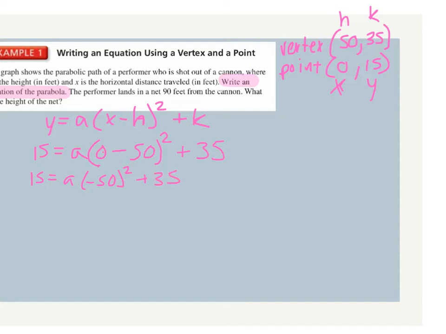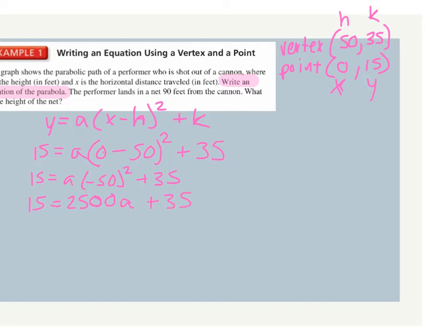What do we need to do next? Square 50. What is negative 50 squared? 2,500. Remember, there's 50 times 50, we would need 2 zeros. So 2,500 times a plus 35.